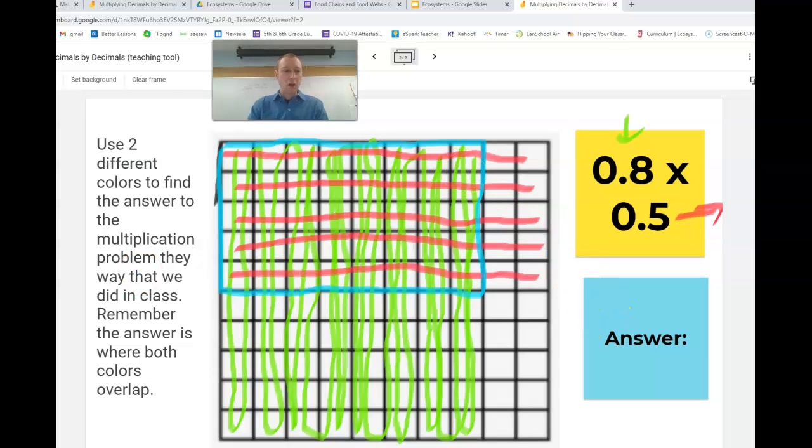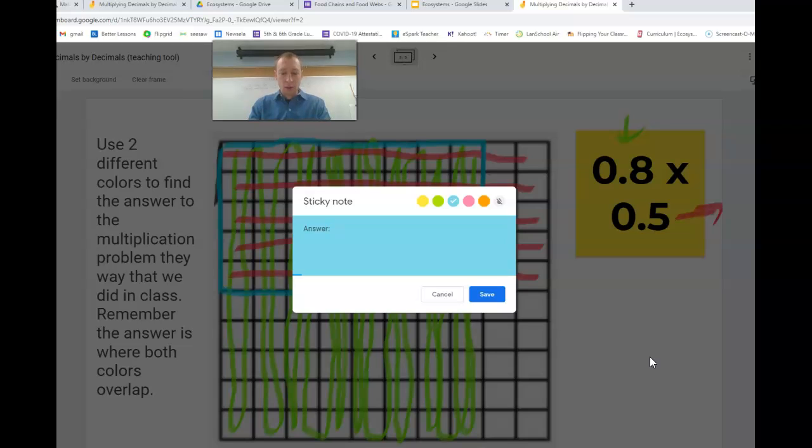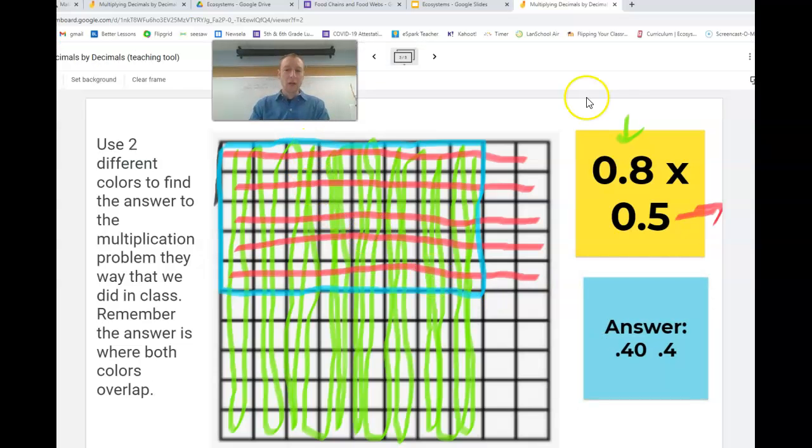So 40 hundredths is my answer, and I can write that 2 ways, right? There's 40 hundredths, and there's 4/10. They're the same thing, right? Okay, so shaded in vertically, shaded in horizontally, count what you have overlapping. All right, go ahead and try the problem of the day in the stream.